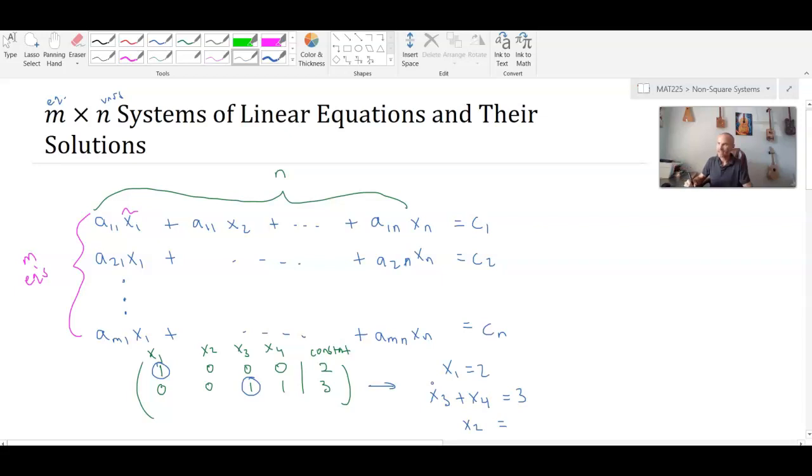Because x2 has a 0 coefficient, I could plug in any number I want for x2, right? x2 could be 1,000 or 500 or 1,000,000, and it would not matter because it wouldn't affect the fact that x1 is still equal to 2 and that x3 plus x4 has to equal 3. So x2 in this case is a free variable.